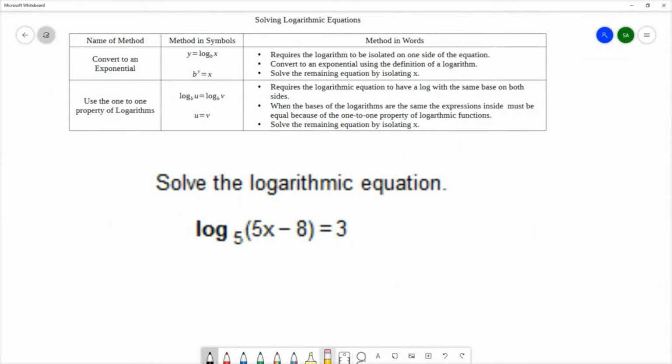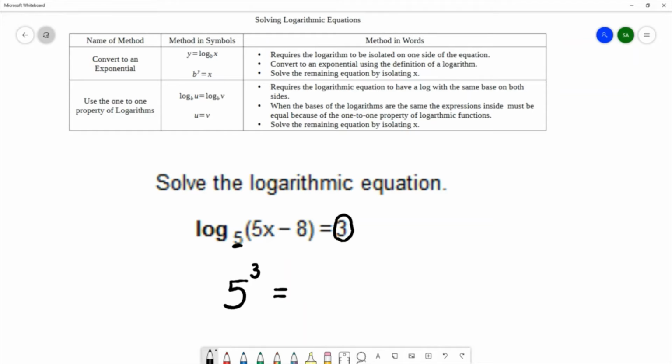So we're going to take our log equation and rewrite it as an exponential. We have the base of our log will be the base of our exponent. The log always equals the exponent, so this log equals 3, that will be the exponent.